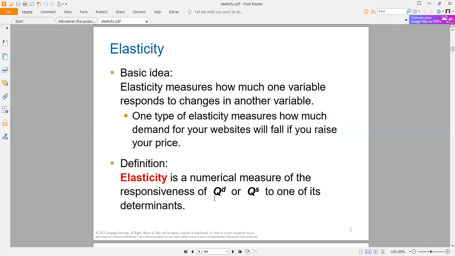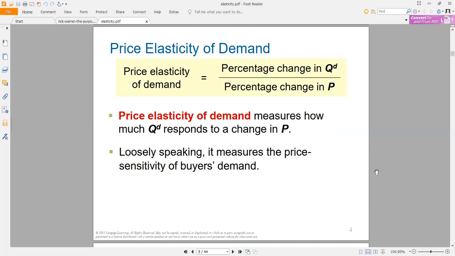We can talk about income elasticity of demand. So that one we are looking at the numerical measure of the responsiveness of quantity demanded to changes in the consumer's income. So in terms of numbers, that is what elasticity actually measures.